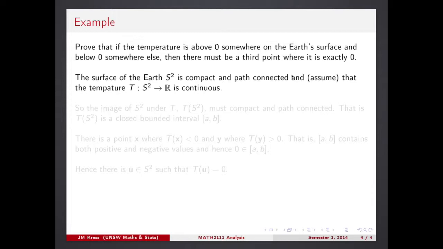That's why we do have such a point. It's a consequence of the intermediate value theorem, because the temperature function lives on a compact path-connected subset and it is continuous.